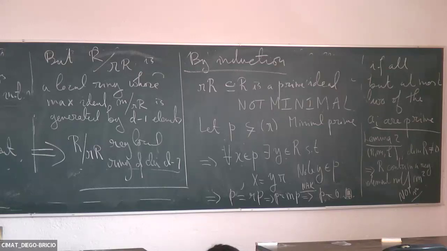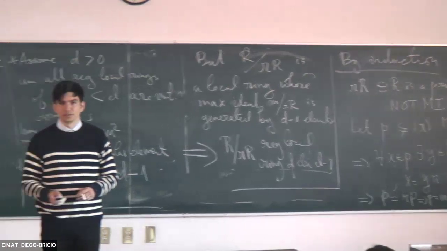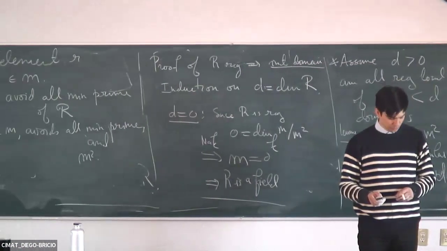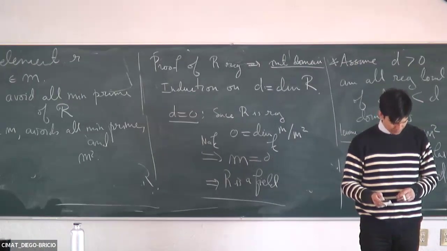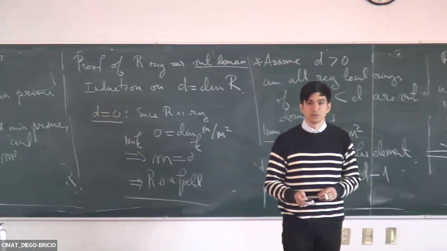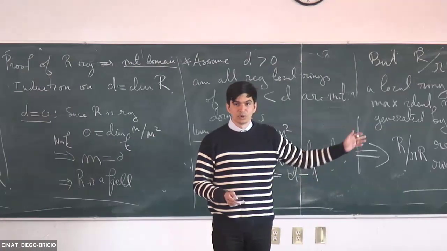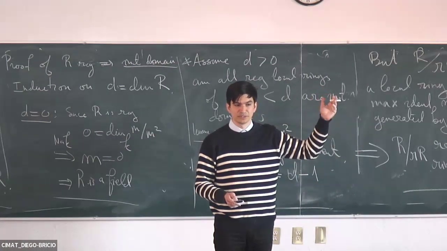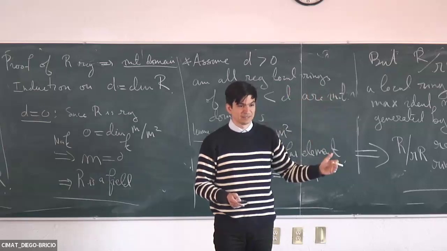And believe it or not, that's the reason why the maximal ideal can be generated by a regular sequence. Let's go here. Right, you see how the proof goes, right? So look at that. You start with R in M, a non-zero divisor, and then you mod out by that. And then you get a regular ring.